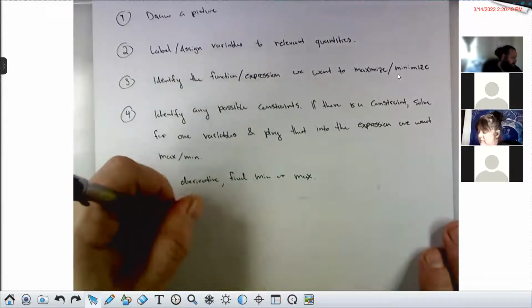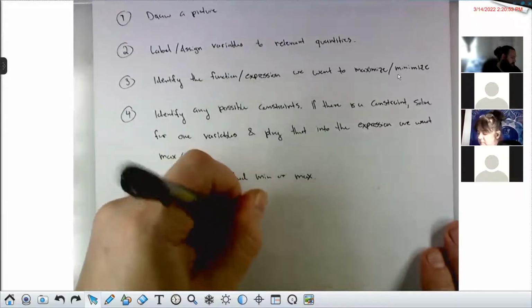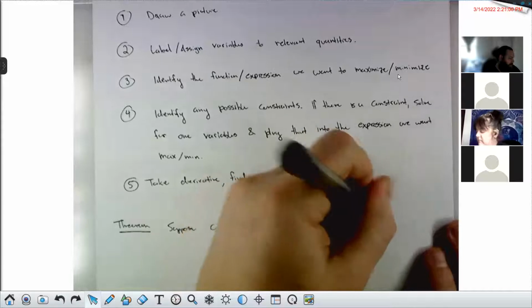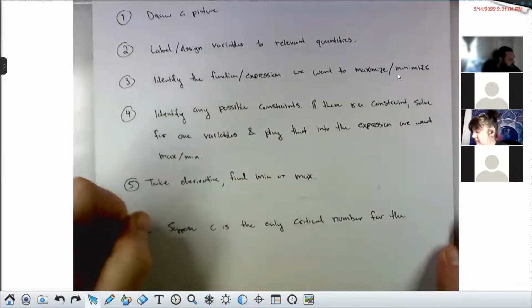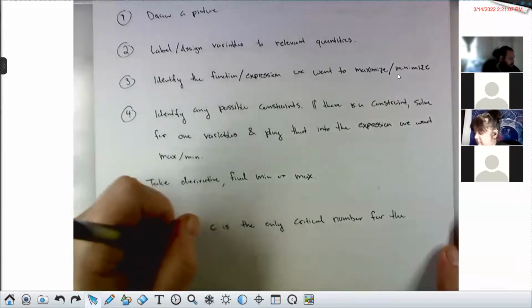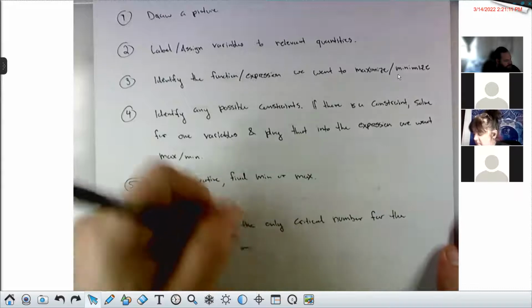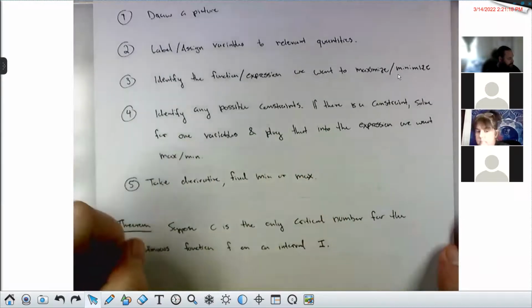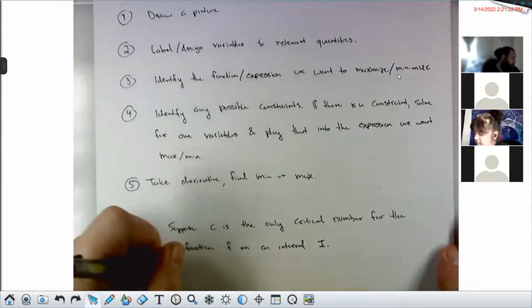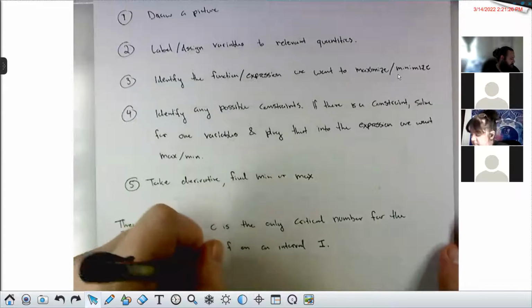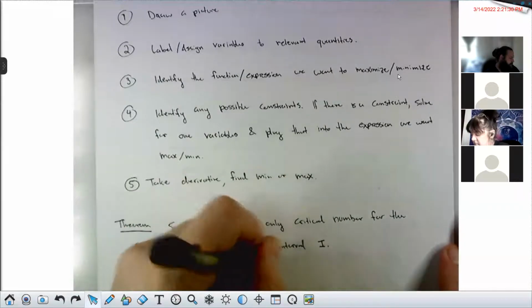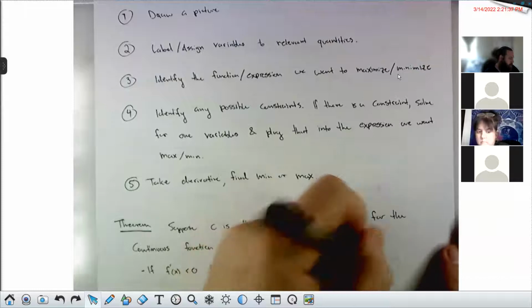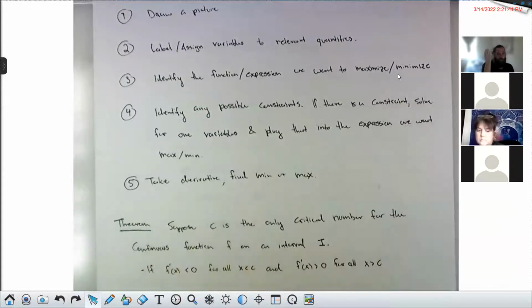Suppose c is the only critical number for the continuous function f on an interval, I'll call it I, then if f prime of x is negative for all x less than c, and f prime of x is positive for all x greater than c, what can we deduce?